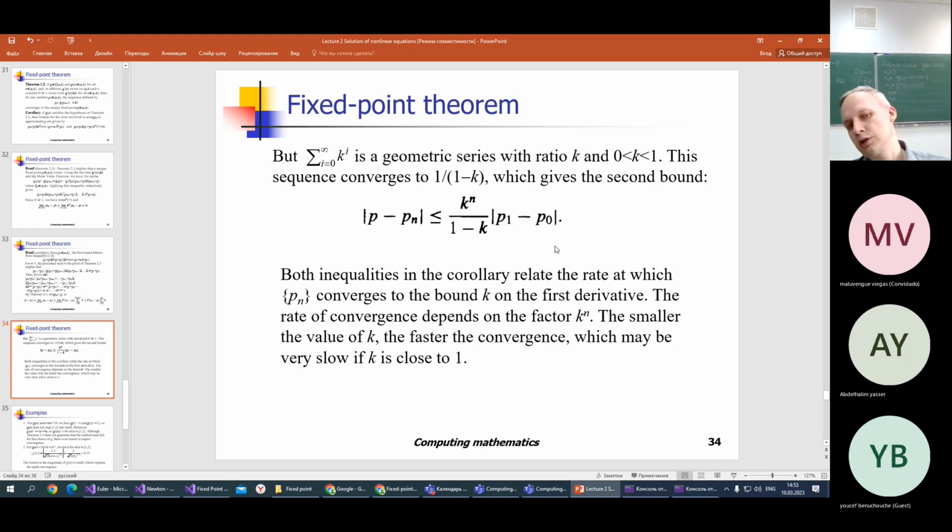Let's discuss this formula that follows from the corollary of the theorem: P minus Pn is smaller or equal to k power n over 1 minus k times P1 minus P0.